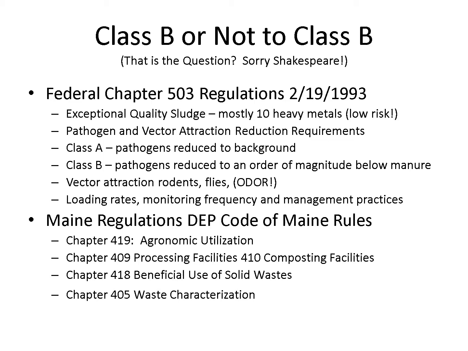In Maine, biosolids are regulated according to these chapters here. For land application of Class B biosolids, you're really talking about the Chapter 419 rules, which are also impacted by the Chapter 418 rules, particularly some of the appendices there, and Appendix A of the 418 rules that has some limits for PFAS chemicals, which have become very important recently, and we'll talk about in just a little bit.